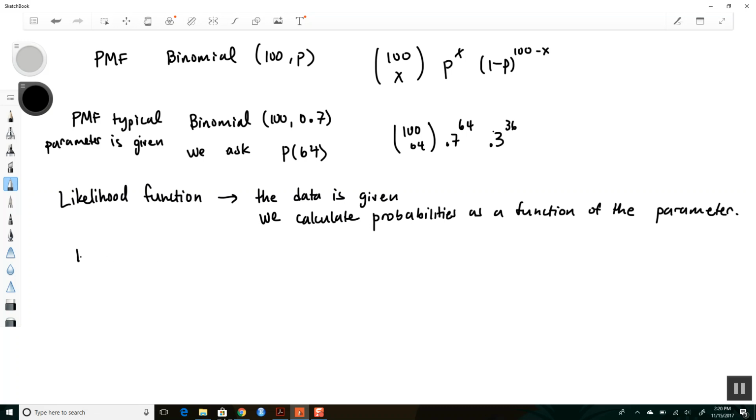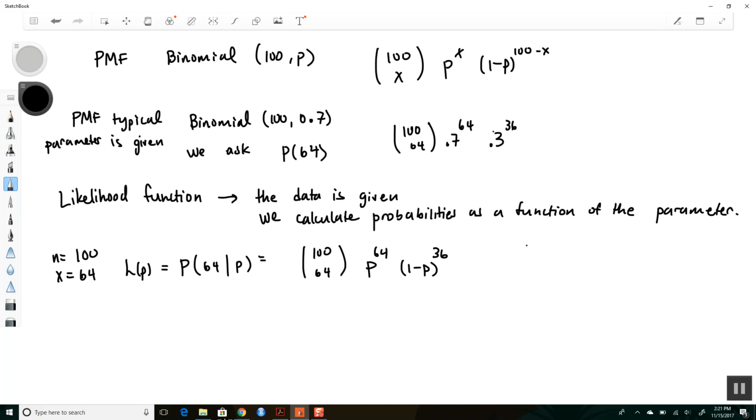So this time we say, all right, we have n equals 100 and x equals 64. And so now we ask, what is the probability of 64 given p? Our likelihood function is a function of p, and this is effectively 100 choose 64, p raised to the 64 times 1 minus p raised to the 36.